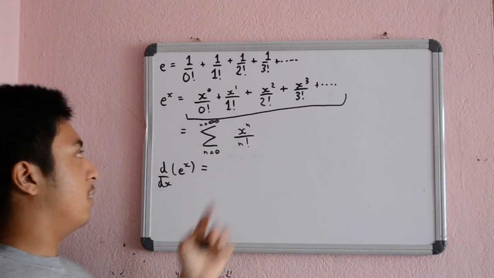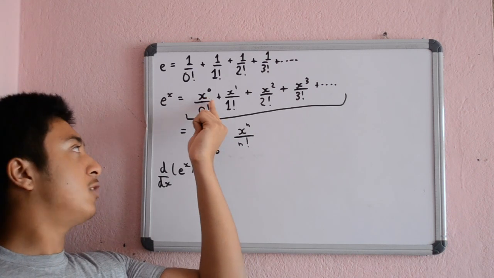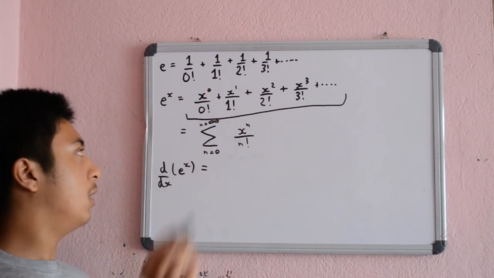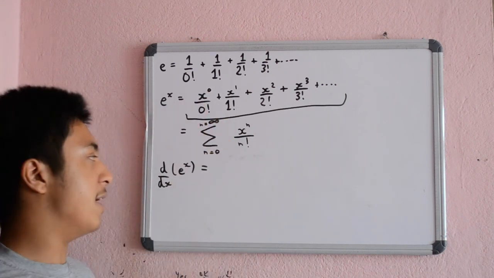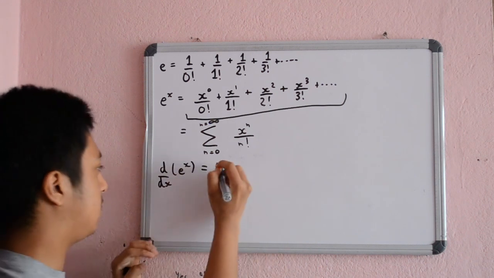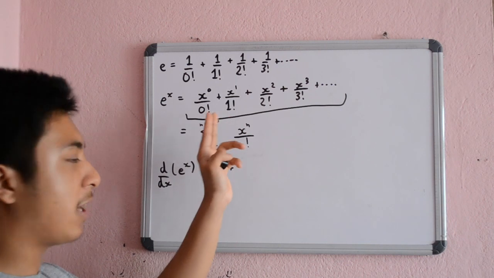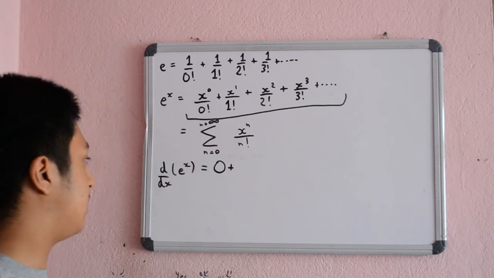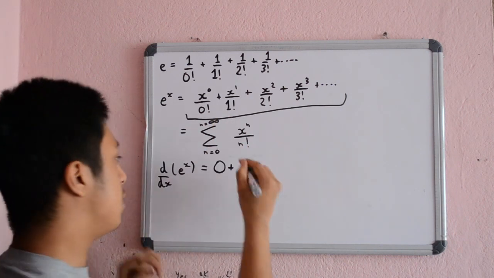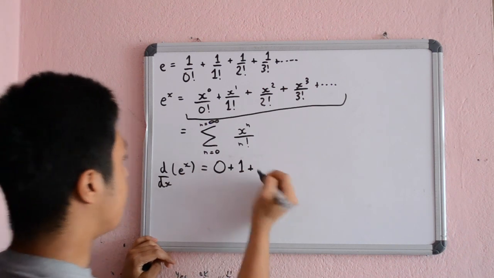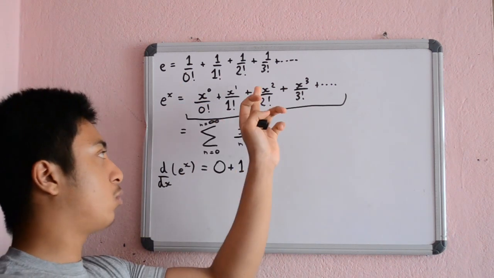The first term you can see is x to the power 0 by 0 factorial. Well, x to the power 0 is just 1, and the derivative of 1 is just 0. And the next, we'll just have x by 1 factorial, and when you differentiate that, it's just differentiating x, which is just 1, plus the next term is x squared.